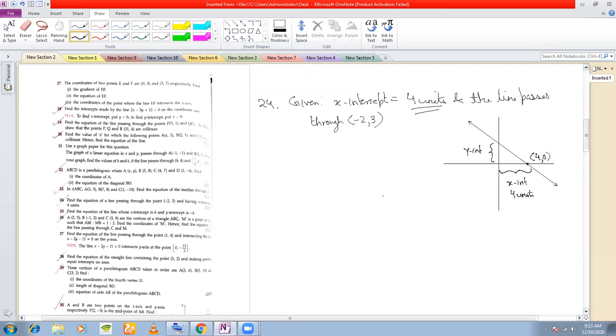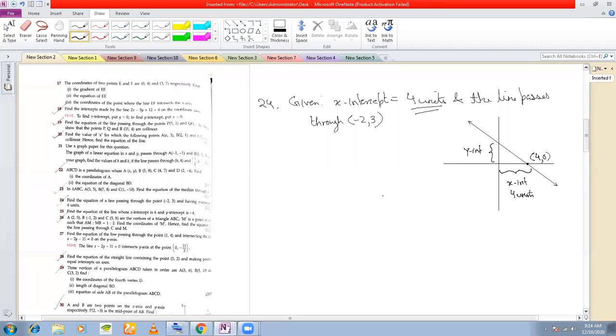Suppose the x-intercept is minus 2, then the line will pass through minus 2, 0. Suppose the y-intercept is minus 3 units, then the line will pass through 0, minus 3. If the y-intercept is plus 5 units, then it will pass through 0, 5. So that is what this is.